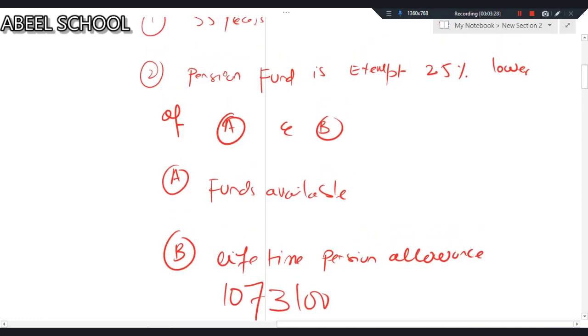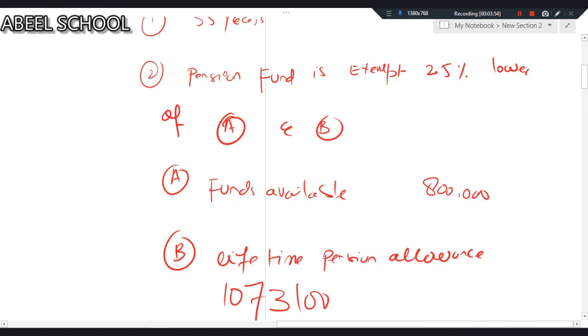So basically, when someone reaches the age of 55, that person becomes entitled to get the pension, and it is exempt 25% of the lower of A and B. A is the funds available, and B is the lifetime allowance. For example, assuming the pension funds available at the age of 55 is 800,000. Just assuming it.